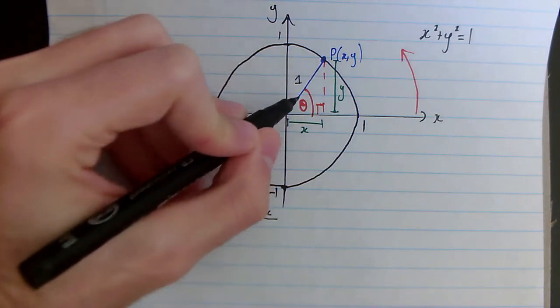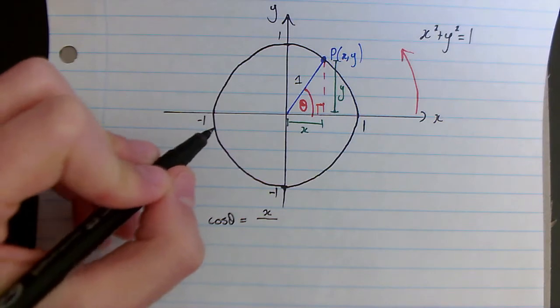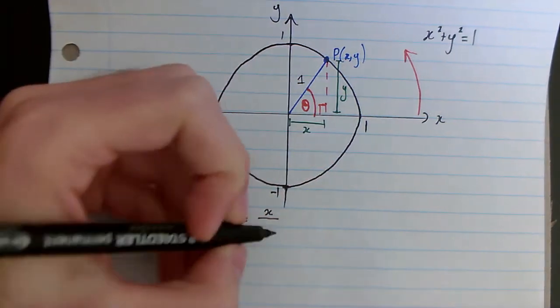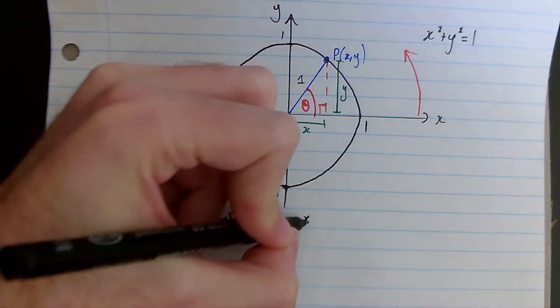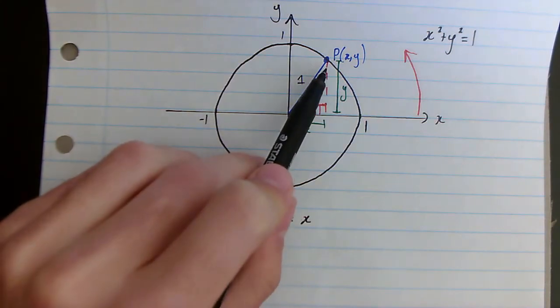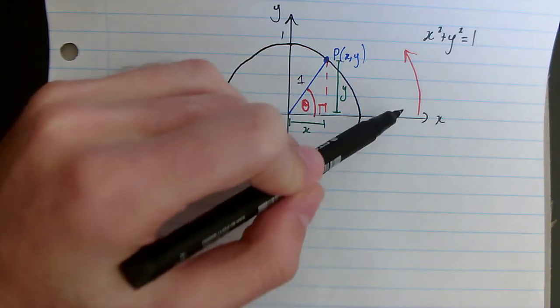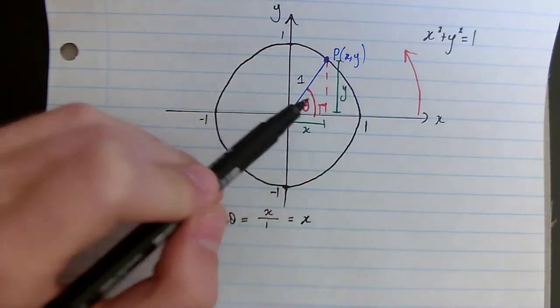this length here is the radius of the circle, which is going to be constant, and it's going to be 1. So cos theta is equal to x over 1, which is just equal to x. So what we observe is that the x coordinate of this point is just equal to the cosine of whatever angle it makes when we extend out from the x-axis.